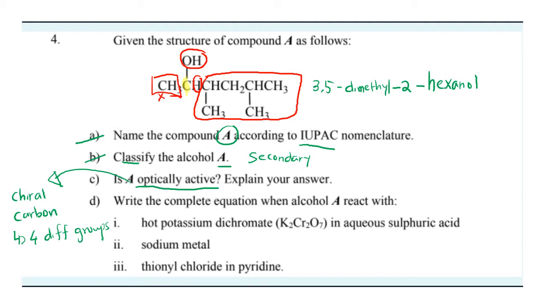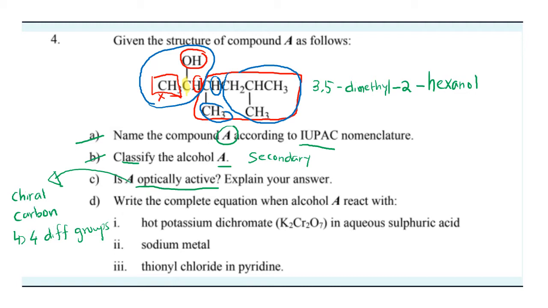The third carbon over here also has different groups. One is CH3, another is hydrogen, another group is this one, and the fourth group is this one. So the third carbon is also considered a chiral carbon.